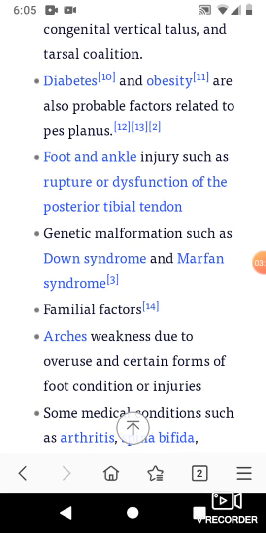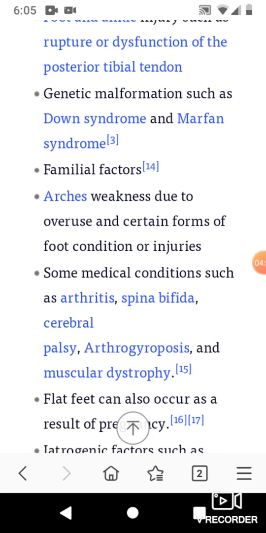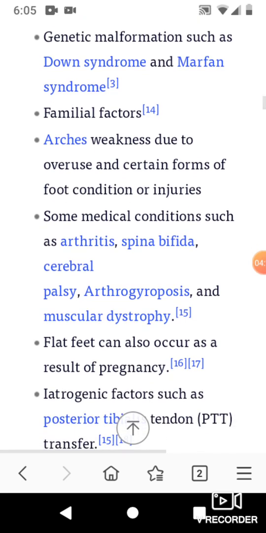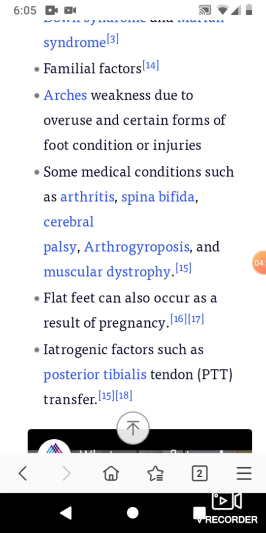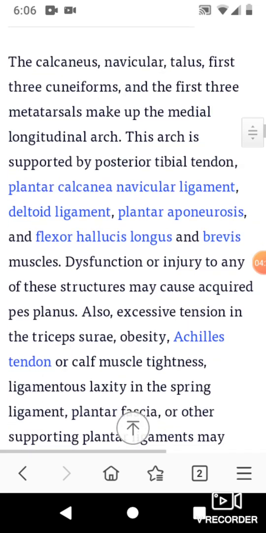Also genetic malformations like Down syndrome, Marfan syndrome, arch weakness due to overuse, certain foot conditions or injuries, and some medical conditions: arthritis, spina bifida, cerebral palsy, etc. So all these are the causes.